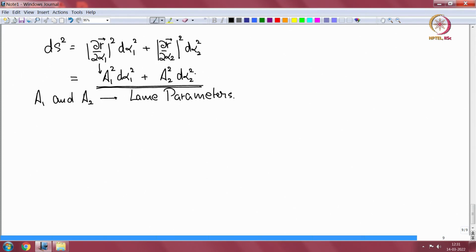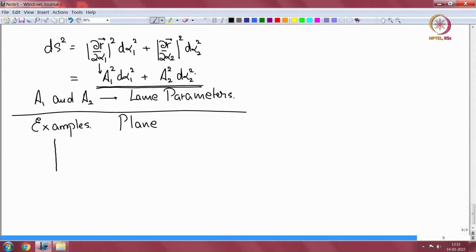Okay. Now let us look at some examples. So let us look at a plane. Here is my rectilinear coordinate system x, y, z.